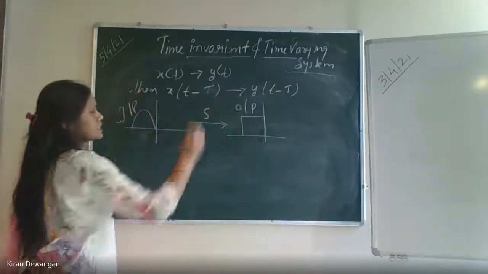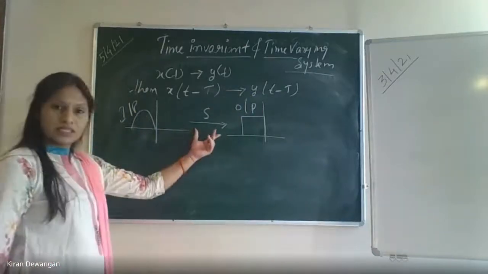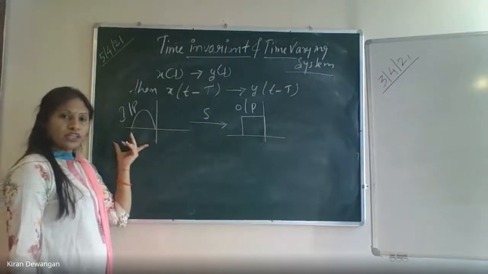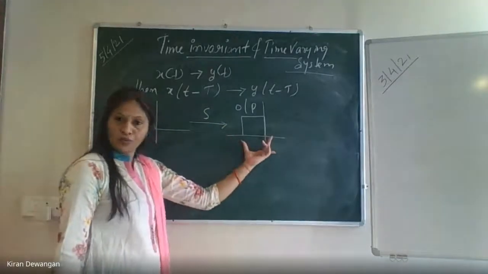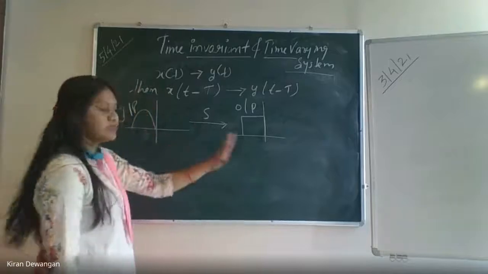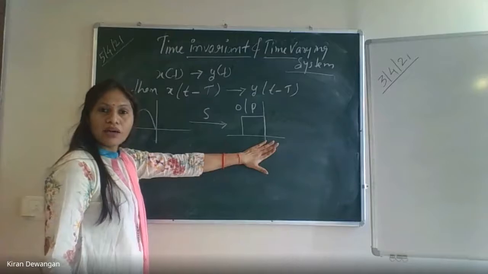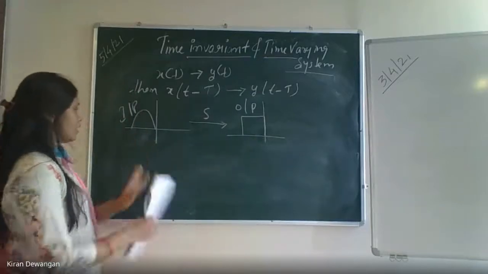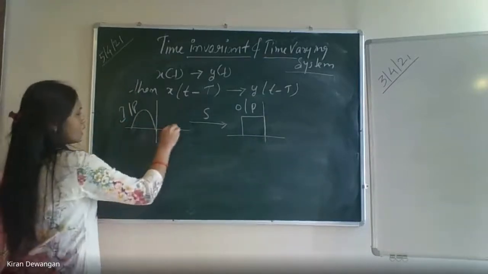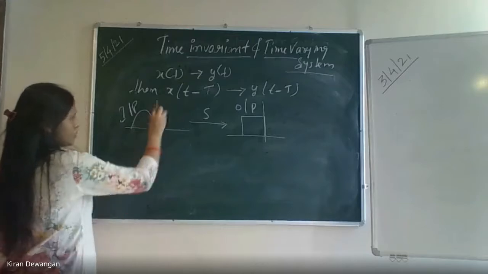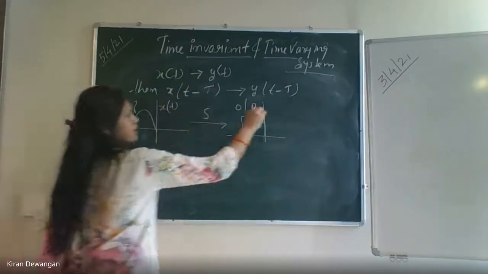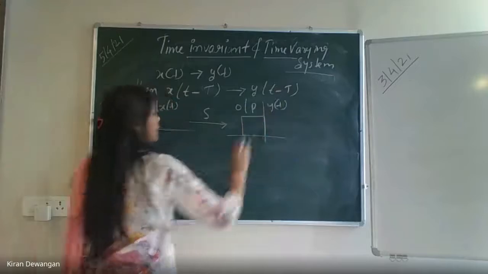This is the system. This is the input and this is the output. Clear? तो ये मेरा सिस्टम है जिसमें मैं ये इनपुट दे रही हूँ और ये मुझे एज एन आउटपुट मिल रहा है. अब इसमें if I am shifting it by a factor of t, ये मेरा x t है and this is my y t, ठीक है.